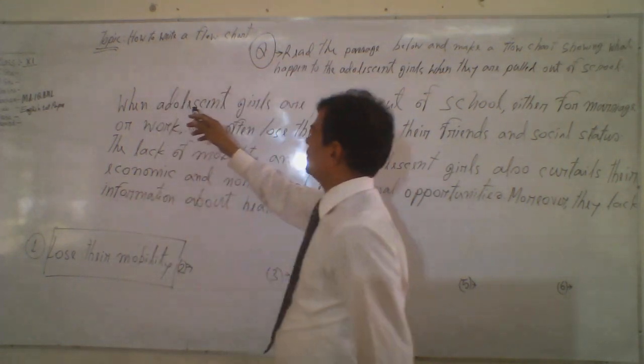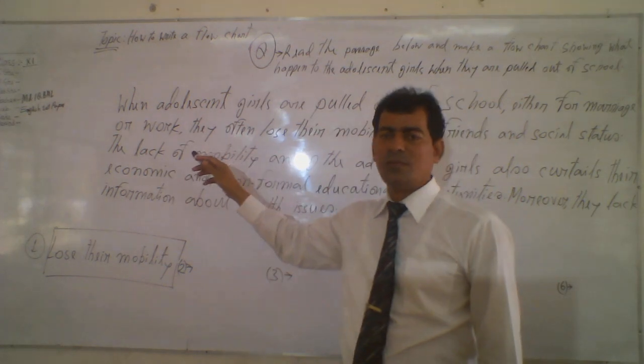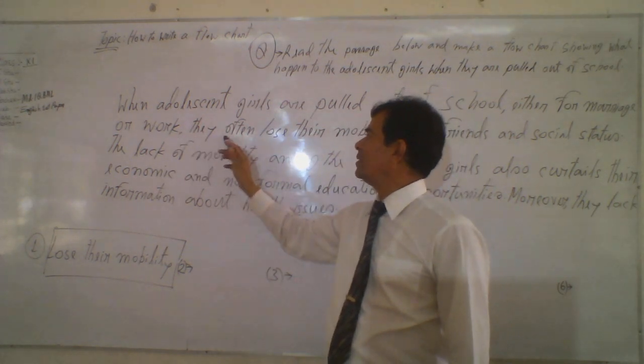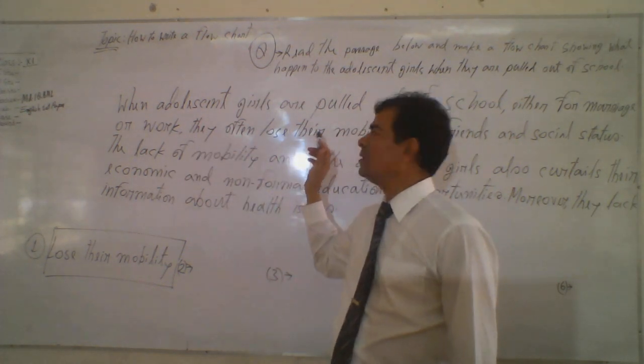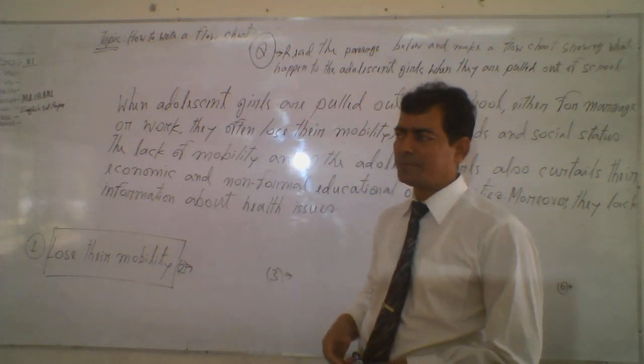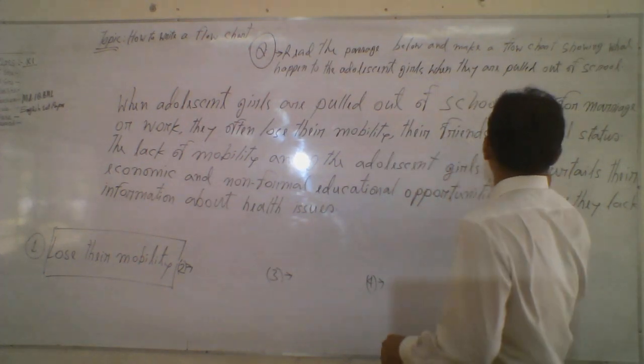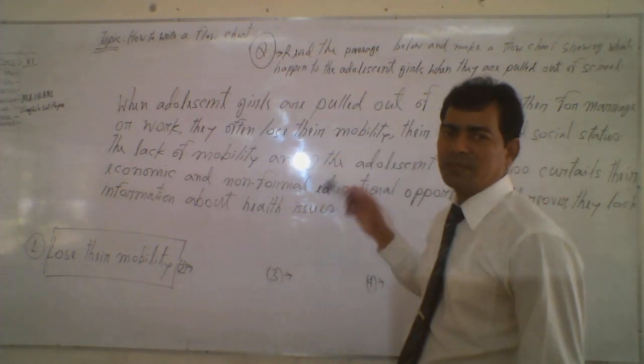You see, when adolescent girls are pulled out of school, either for marriage or otherwise, they often lose their mobility, the freedom of movement. Their friends and social status.